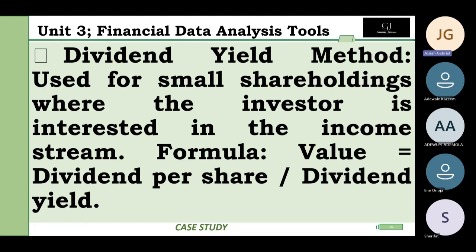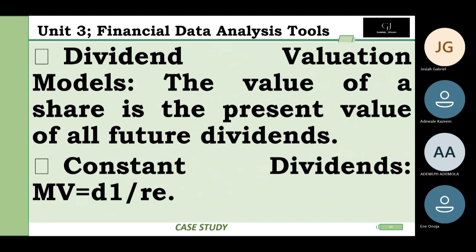The dividend yield is the dividend per share divided by the market price per share, what the market price is providing to the ordinary shareholders as dividend. So those interested in this method have small shareholdings and are interested in income streams, just income, growing their income. So it's an income-based approach of valuing a business.